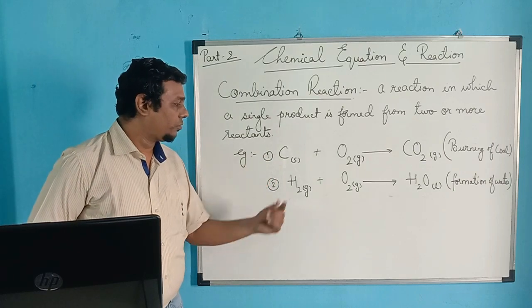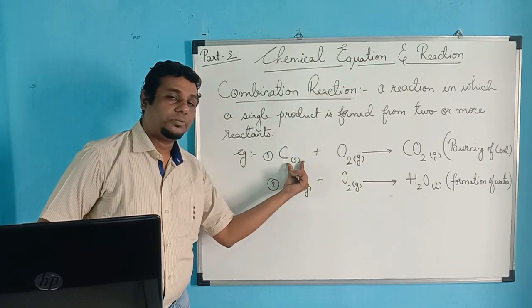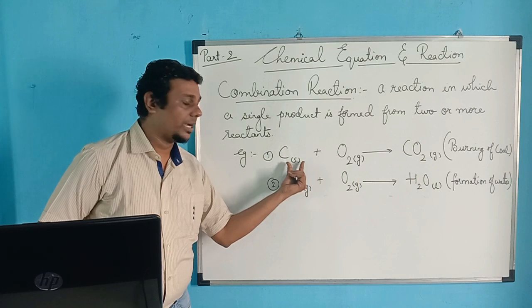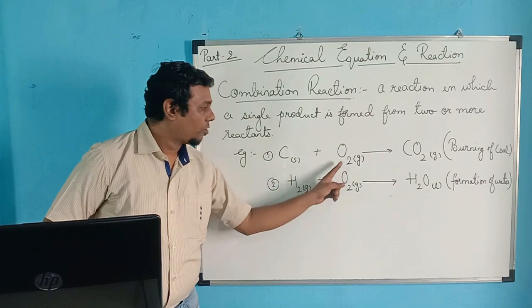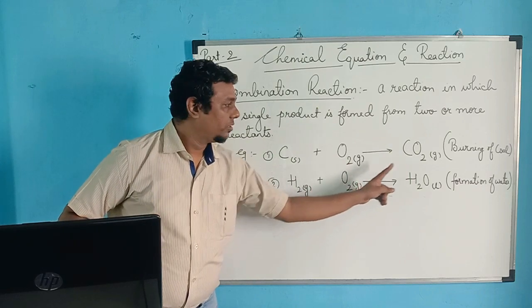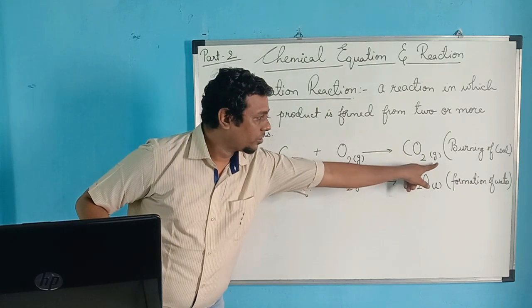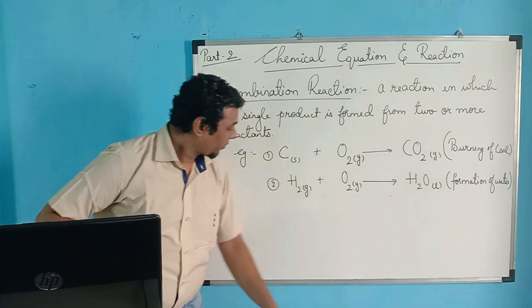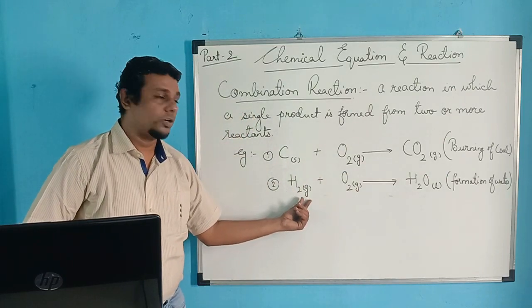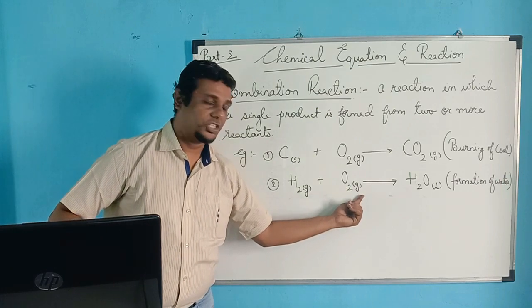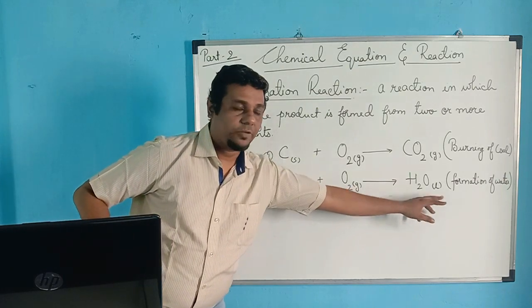One more thing that you have to see is the state of matter. I have written it in brackets. Carbon will be solid, oxygen will be gaseous, and the carbon dioxide produced is also gaseous. Hydrogen is in gaseous form, oxygen gaseous form, and water liquid form.